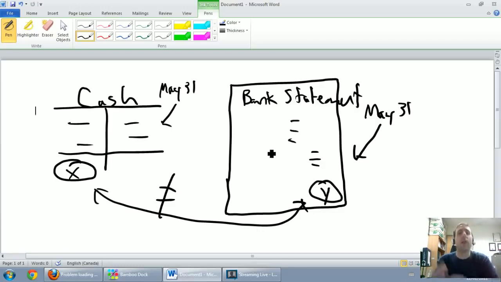There's also another reason that the bank balance can be different from my cash balance. The main one, and probably anyone who has a bank account can relate to this, is that at the end of the month, when I get my bank statement, I'm always surprised. Right at the bottom, they sneak in that line about bank charges. I never know if it's going to be $5 one month, $10 another, $20 another if I use my debit card a lot.